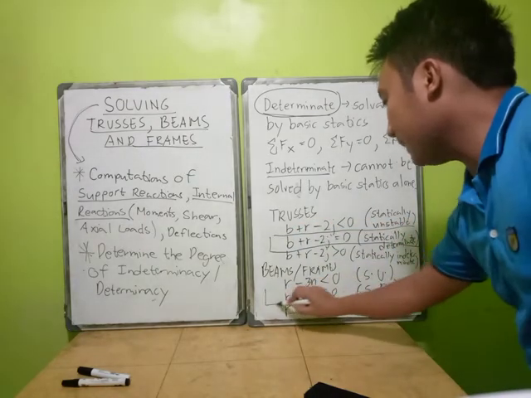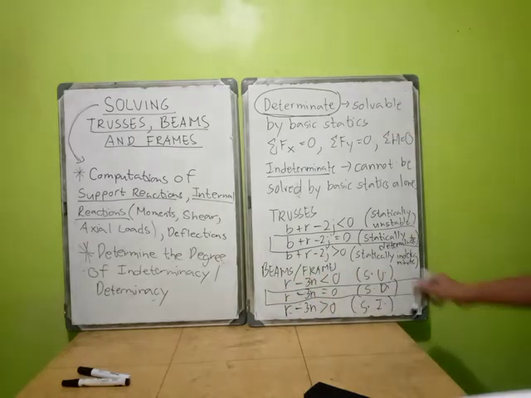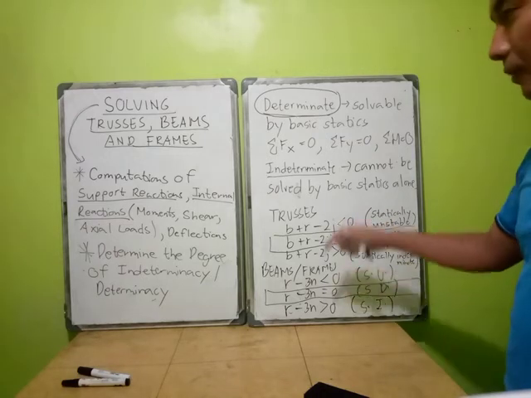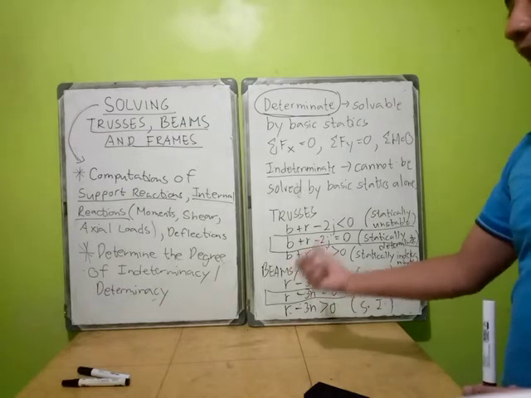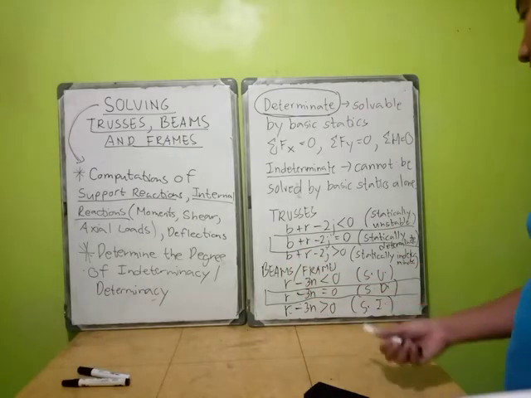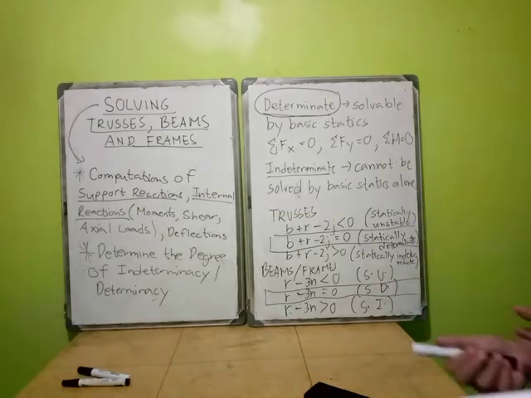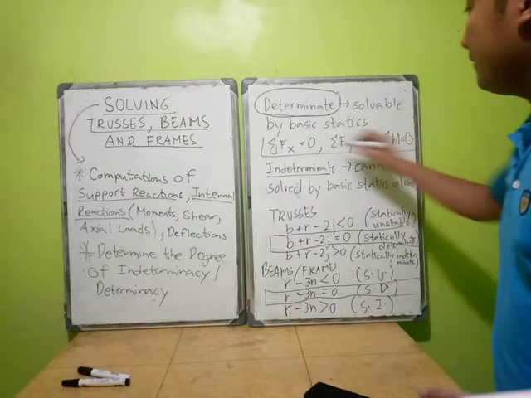And then, R minus 3N is equal to 0. So, dito tayo sa dalawang formula na to. By determining the degree of indeterminacy or determinacy, kapag 0 yung resulta, ibig sabihin determinate structure siya. Pwede mo siyang isolve using these equations.